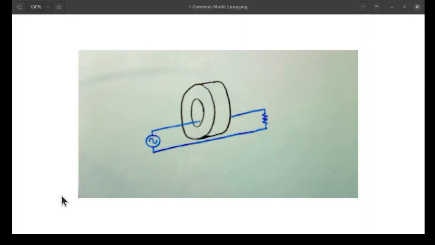So let's consider this loop. And I'm going to have a drawing here for you. And in this loop, this is a ferrite bead. That is, the material is made of ferrite, and it's a product of a company that builds these beads for use in many applications, especially for EMI suppression.